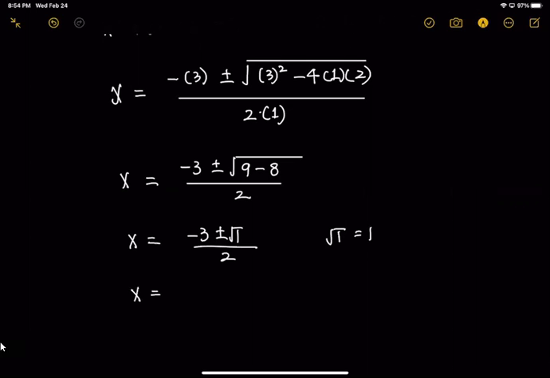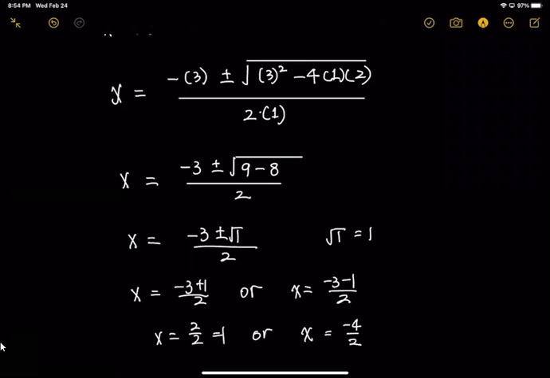So x is either equals to negative 3 plus 1 over 2, or x equals to negative 3 minus 1 over 2. So x is equals to 2 over 2, which is 1, or x equals to negative 4 over 2, which is negative 2.